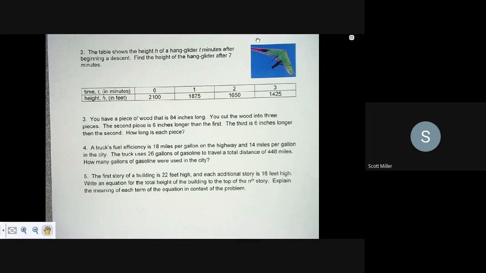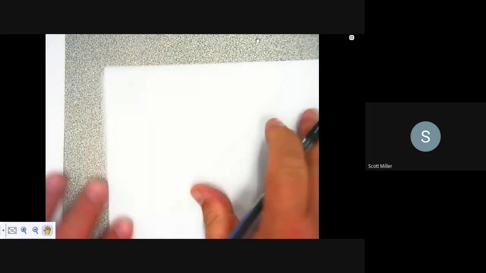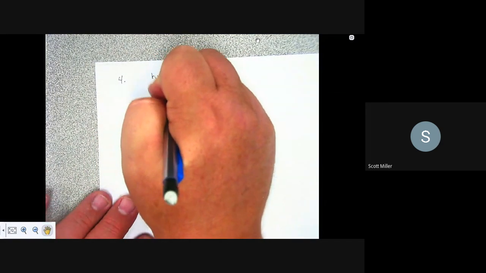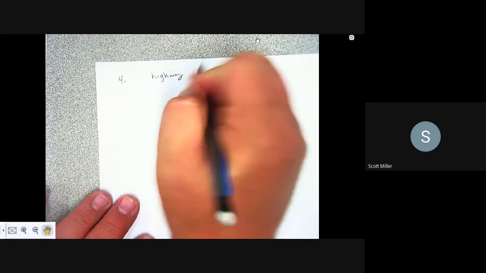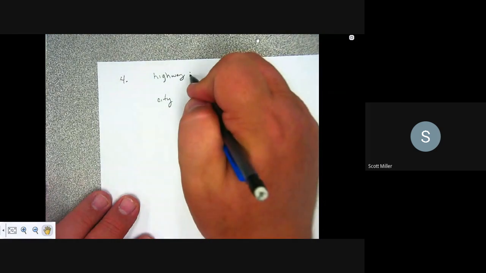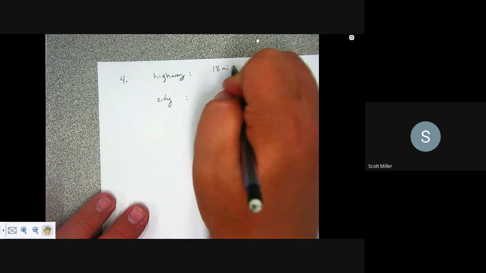Okay. So in understanding this problem, let's write down the stuff that we know. So in question number 4, what do I know? Well, I know that I'm traveling on the highway. And I know that I'm traveling in the city. On the highway, I get 18 miles per gallon.